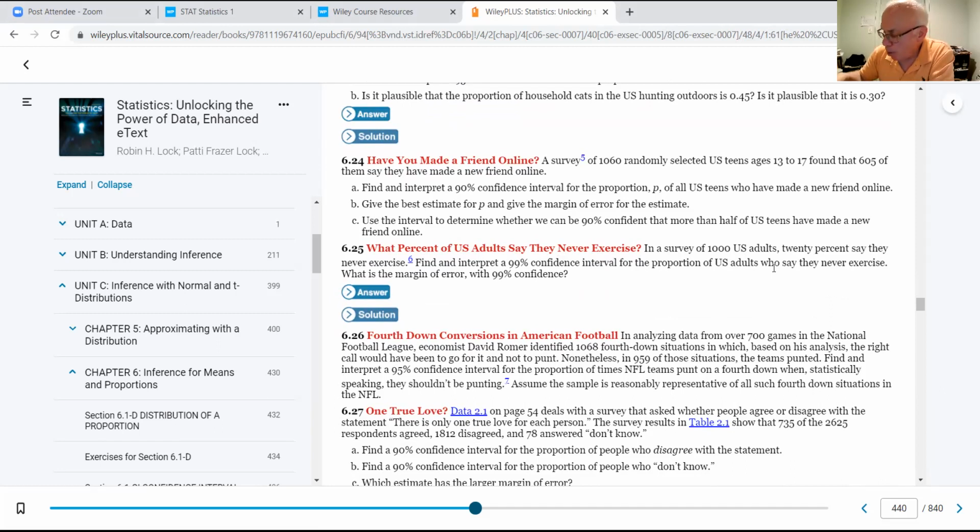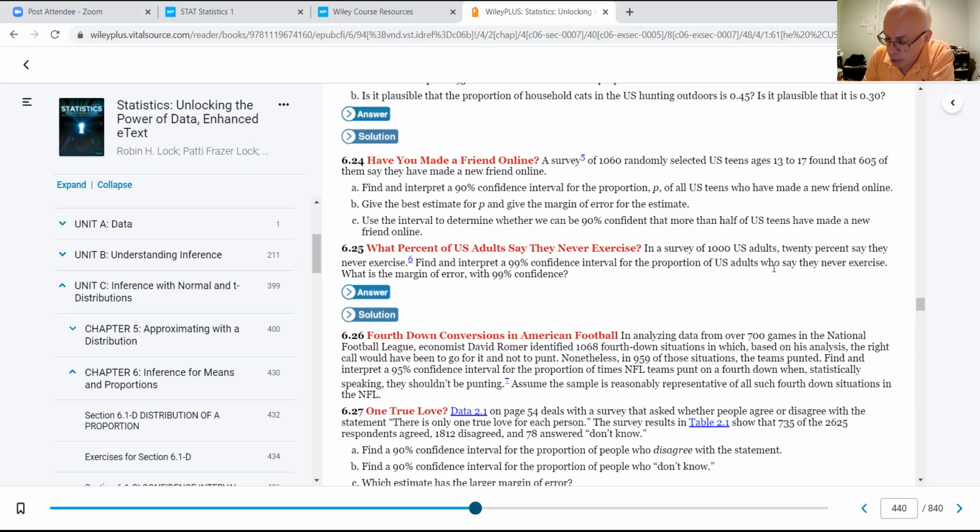So, one, they're asking for a confidence interval, and as part of the process of creating a confidence interval, we will get a margin of error. So our level of confidence is 99%. I'll write that down.